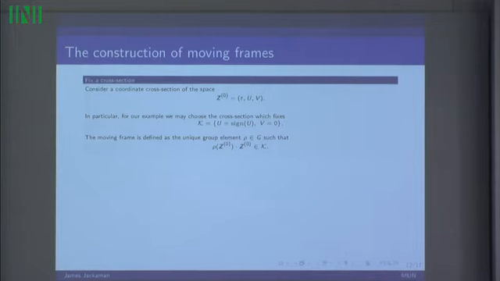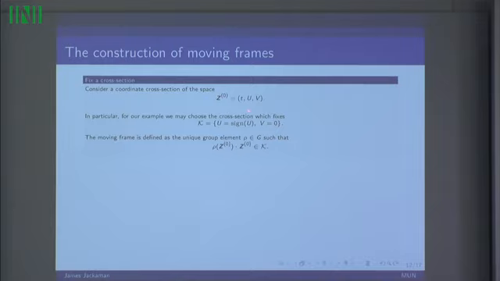Okay, so first of all we're going to restrict our z's just to make life a bit simpler and avoid some technical complications. We're going to restrict our z's to just be t, u, and v, and we can construct our moving frame through considering a cross section of this space.